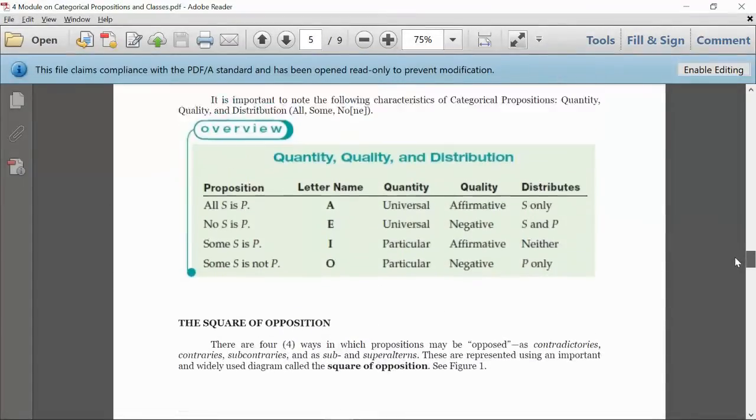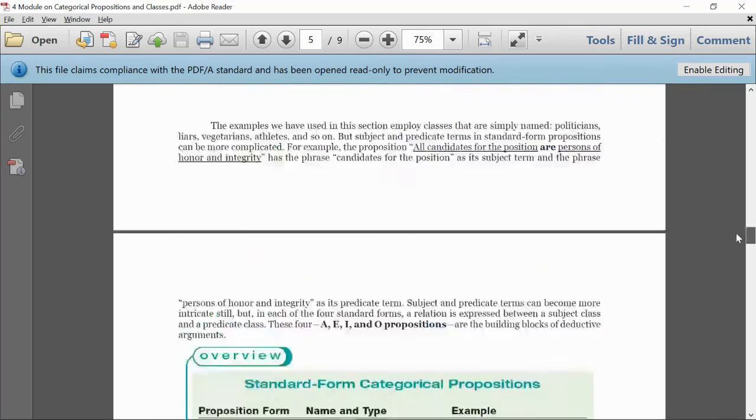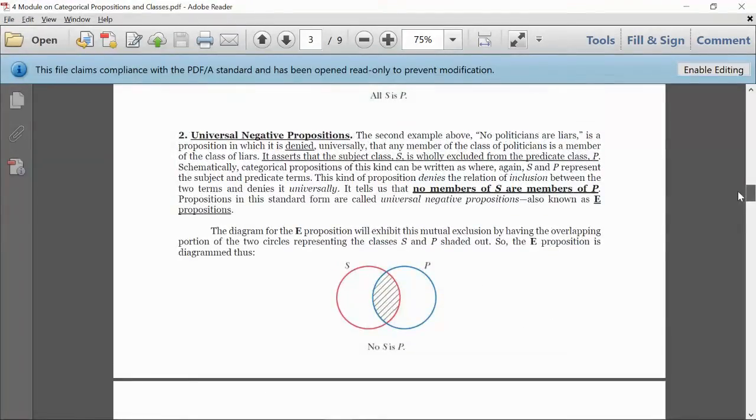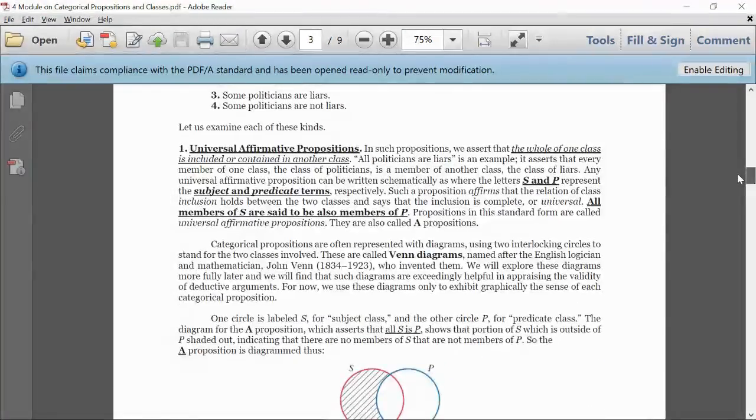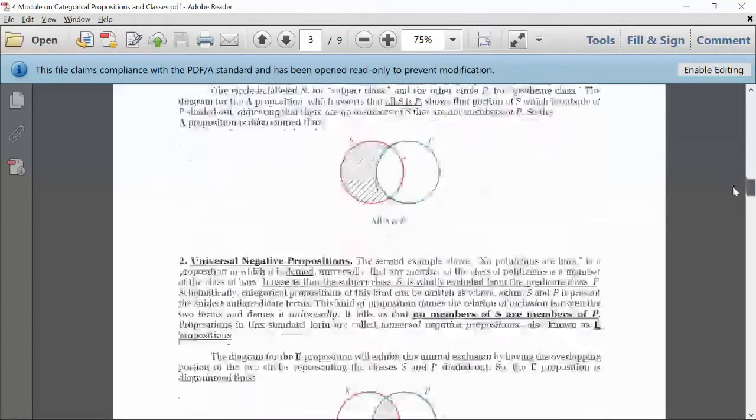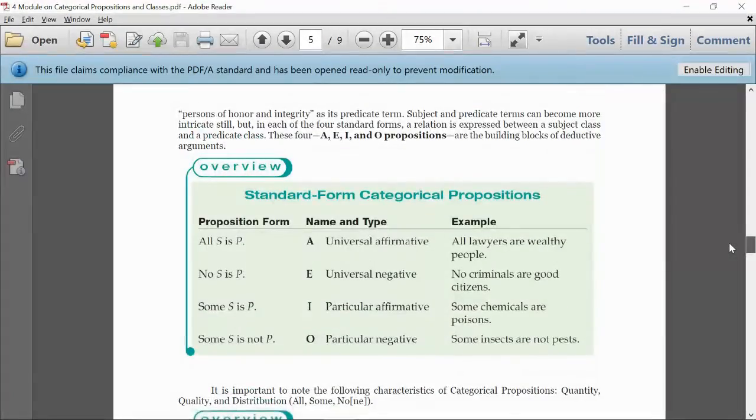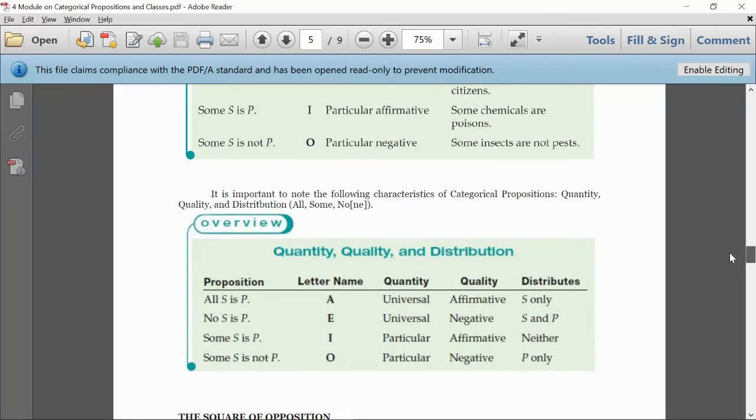Again, you have to familiarize yourself first with what kind of proposition is given. There are only four kinds, and after which you have to identify what the quantity is, what the quality is, and the distribution.